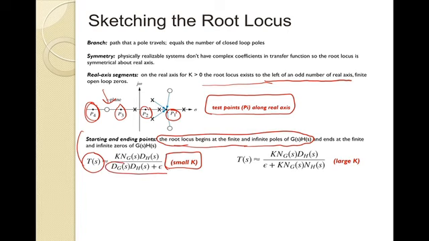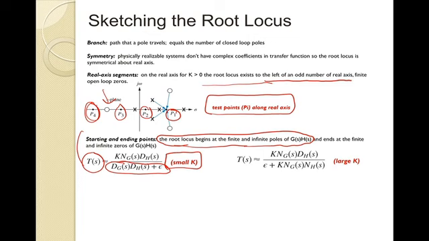If we look at the denominator at the finite poles, set that equal to 0 for small values of k, the root locus is essentially going to start there.